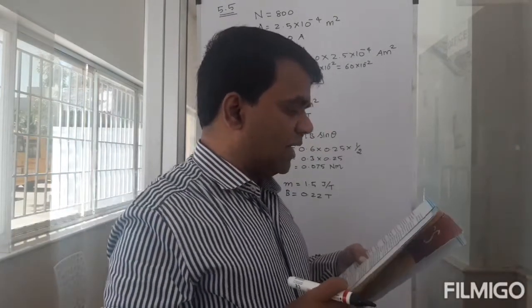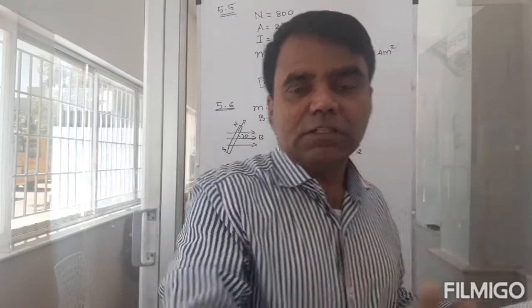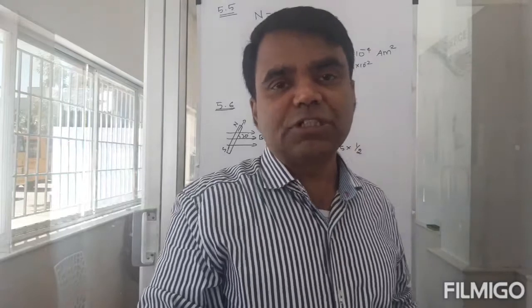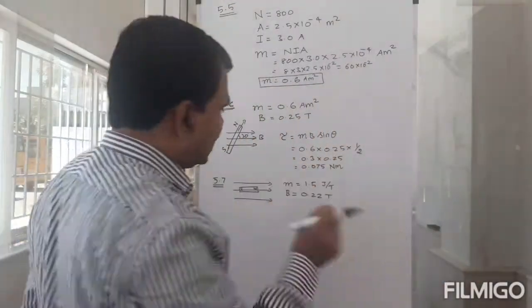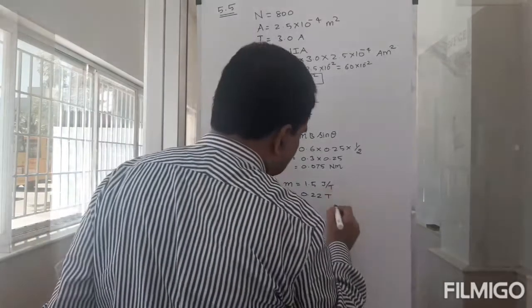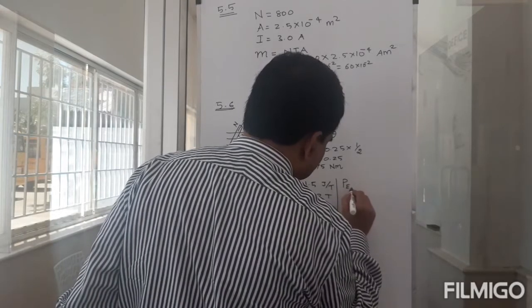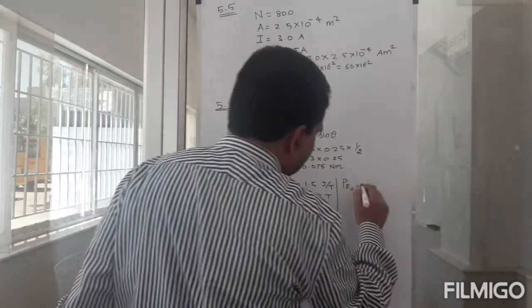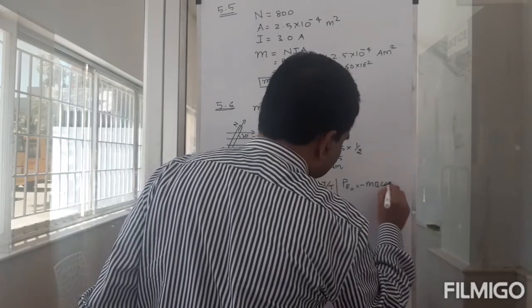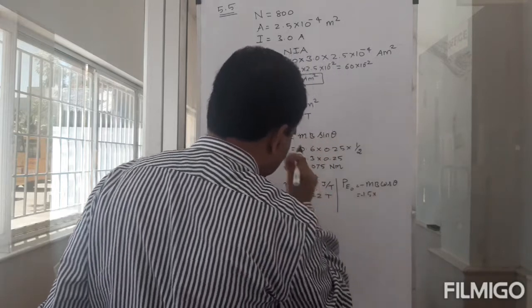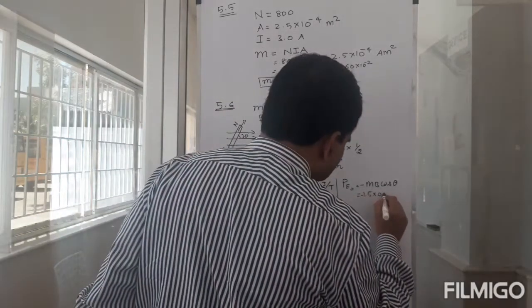So now, what is the amount of work required by an external torque to turn the magnet so as to align its magnetic moment? That is the potential difference, right? Because the work you do is going to be equal to the potential difference. So what is the potential when it is aligned at 0 degrees? Potential at 0 is equal to minus mB cos theta, and that is equal to minus 1.5 into 0.22.